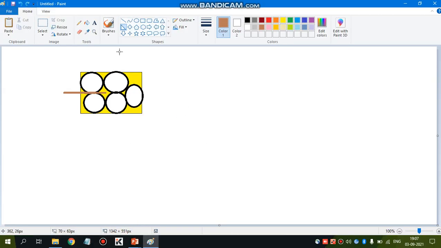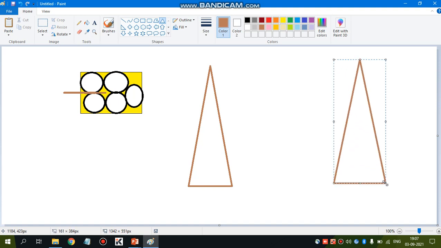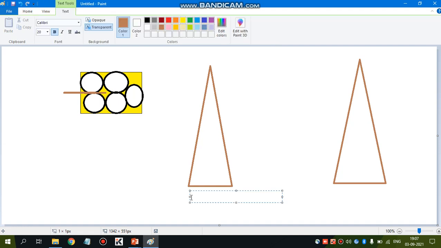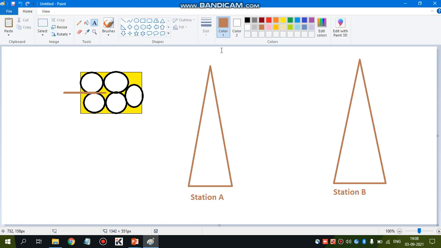So let's say there are two towers. I'll name this tower A and let this be tower B. So here we have station A, and this is station B. These stations have their own signals, which are moving across.